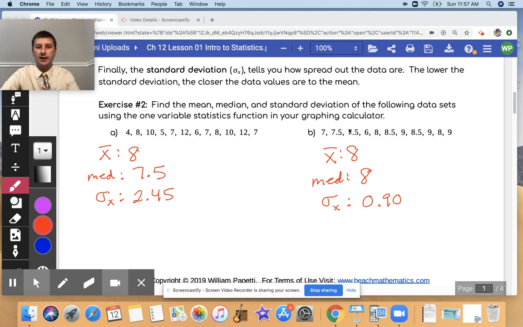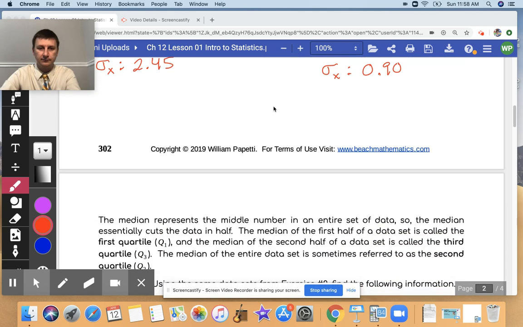They're very close to 8. Whereas on the other hand, here's our mean of 8. And these numbers are very far away from the mean compared to part B. This has 4 and 12 and 10, which is farther away from 8 than 7.5 and 8.5 and 9. So again, that's what the standard deviation tells you, how spread out the data values are.